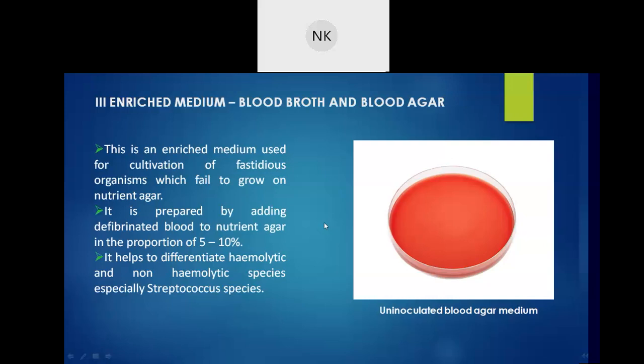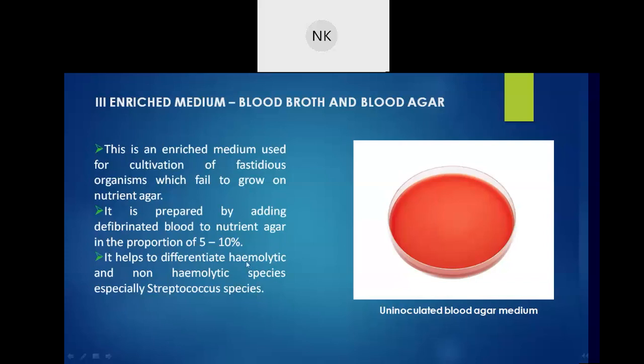Now what is the concept of this hemolysis? Here we see that it helps to differentiate hemolytic and non-hemolytic species, especially Streptococcus species. What do we mean by hemolytic? Certain organisms, especially human pathogens, for example Streptococcus species, are able to produce certain toxins.